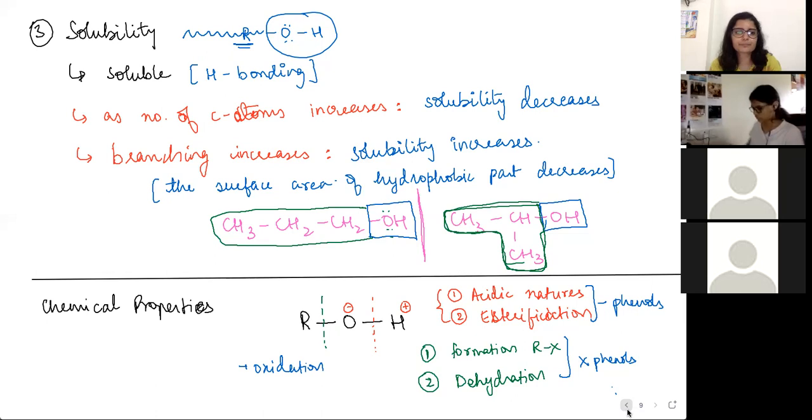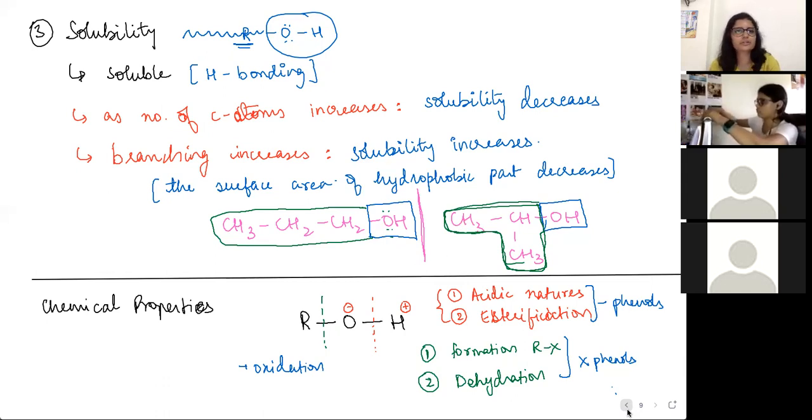Ma'am, will you be doing questions on the whole chapter up until now or just the alcohol part? We did only alcohols till now. About phenols, if it relates to trends of properties like bond angle, solubility or boiling point, I'll definitely take that up.